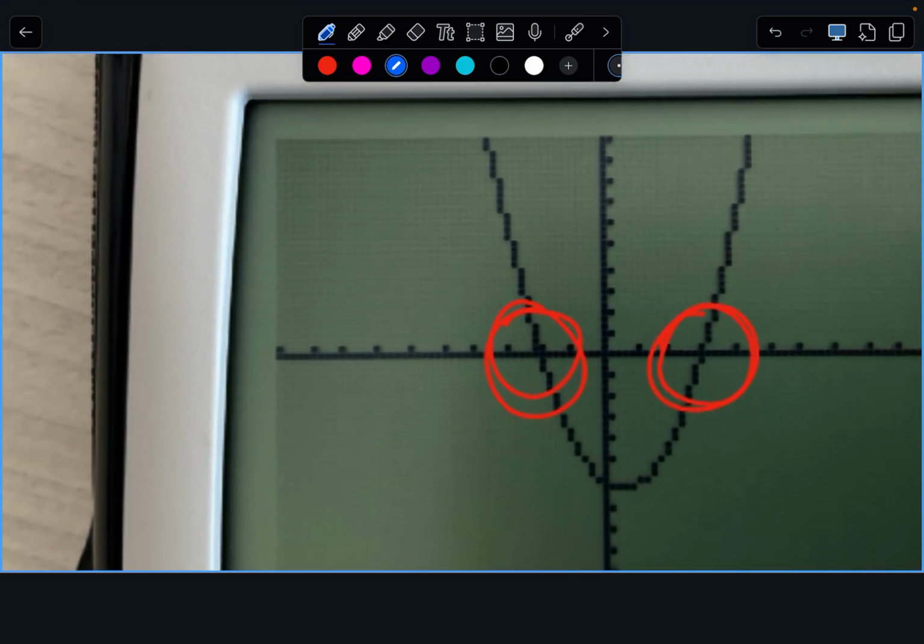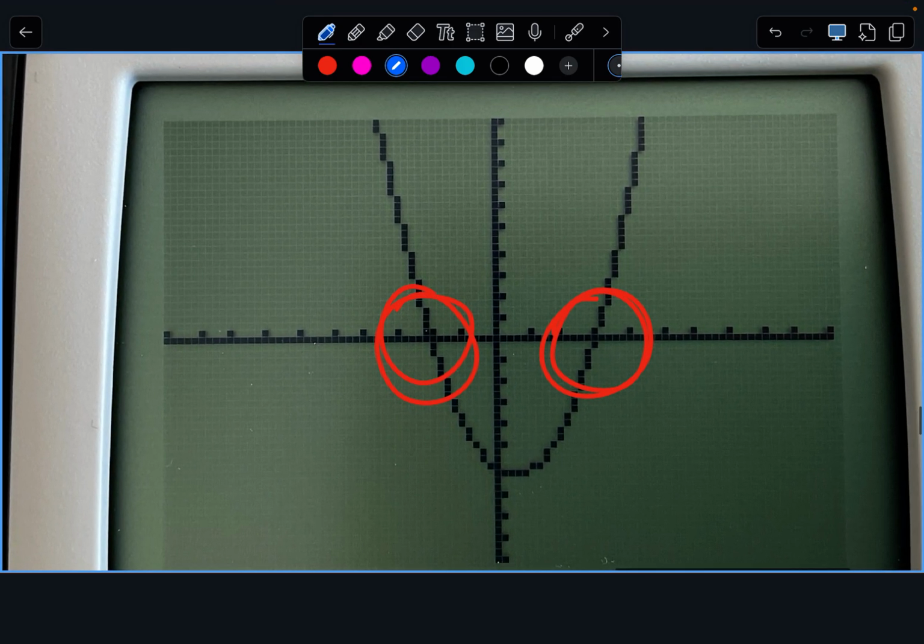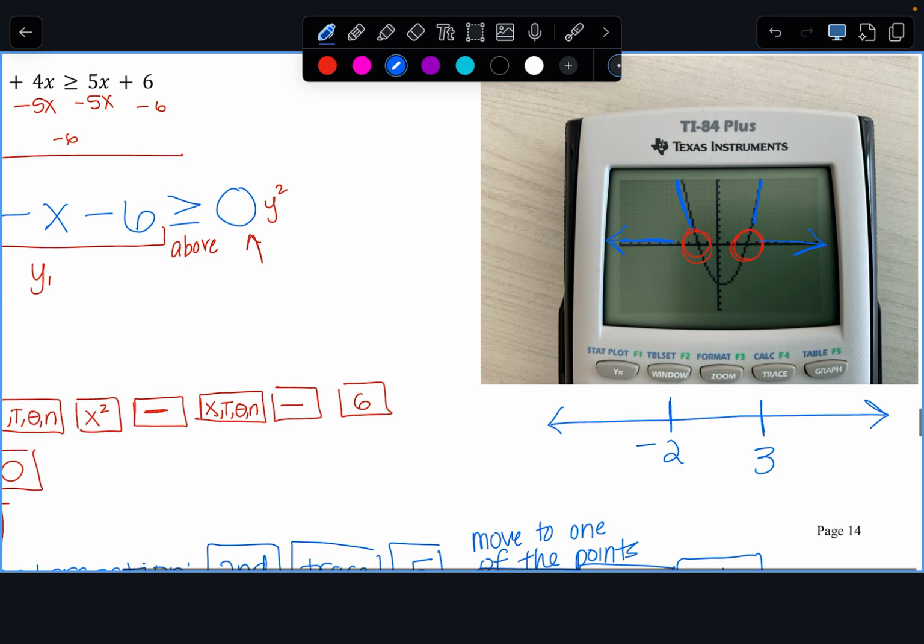So if we zoom in on this, the graph is above 0 on this section and this section. Because as I'm tracing it, it's here and here. So it's not anything in between, which means here and here.